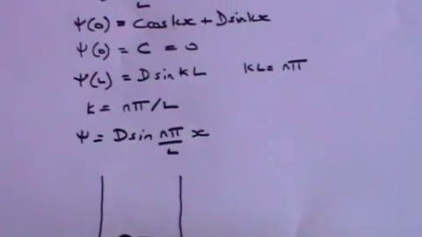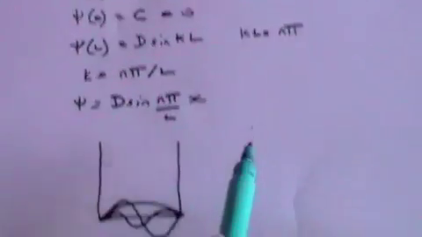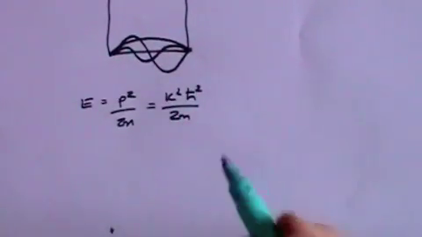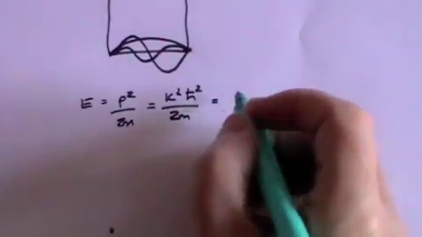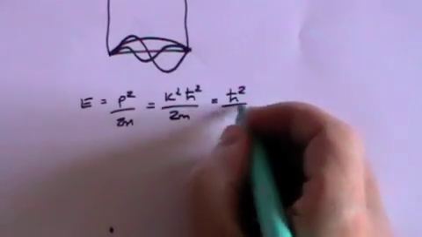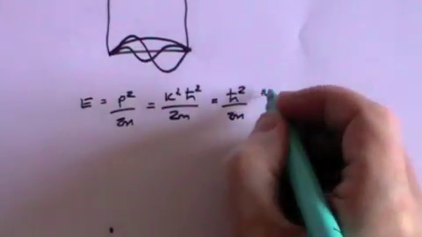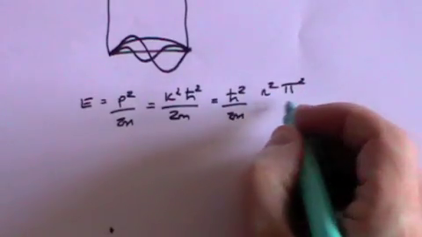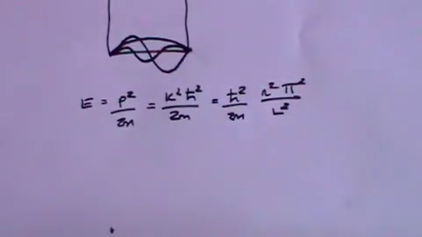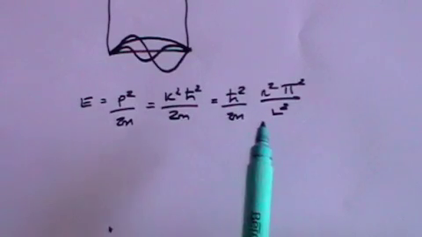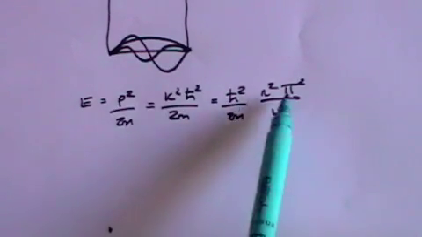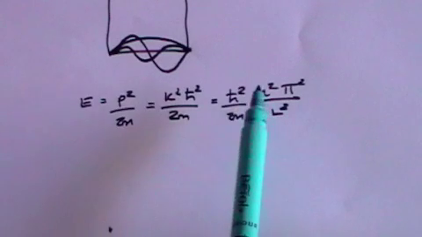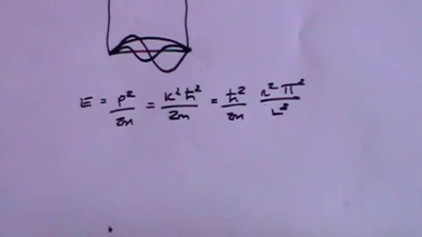It's n pi over L. And so the energy becomes h bar squared over 2m times k squared, which is n squared pi squared over L squared. And that means that energy again is quantized in these units. n is an integer, and therefore there are only certain allowed energy levels.